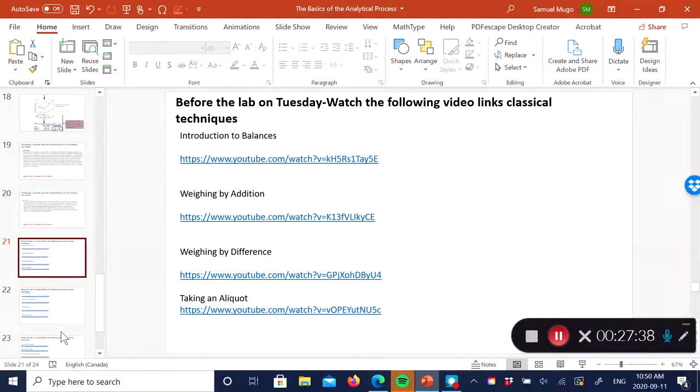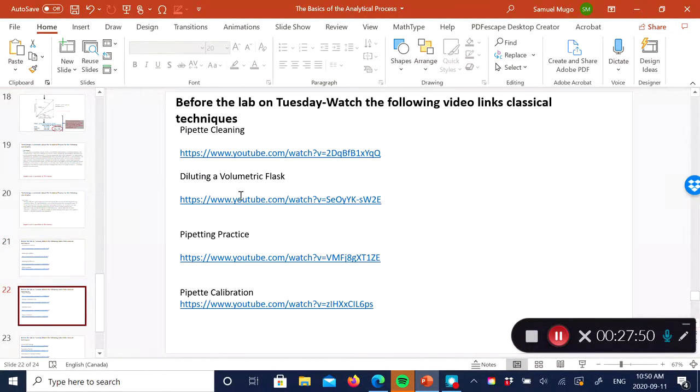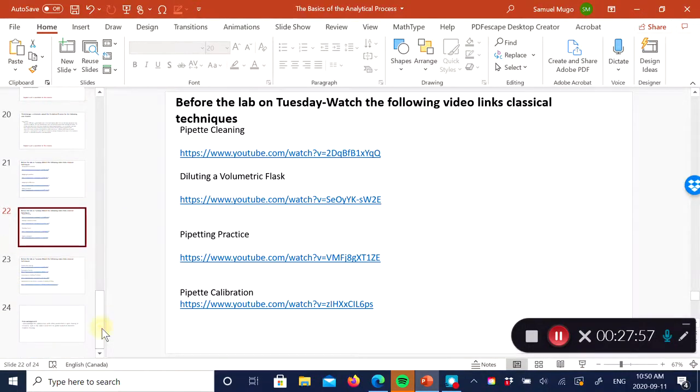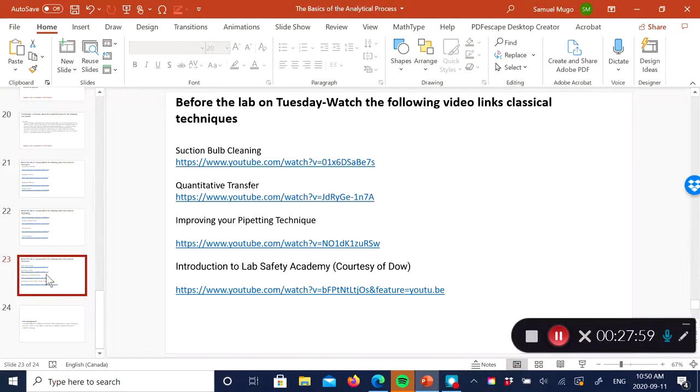How you're going to do appropriate gravimetric analysis, the weighing and so on, taking aliquots, best techniques for using pipettes, best techniques for doing pipette calibration, which is going to be the focus next week, best techniques for doing volumetric transfers, improving your pipette technique, and also laboratory safety.